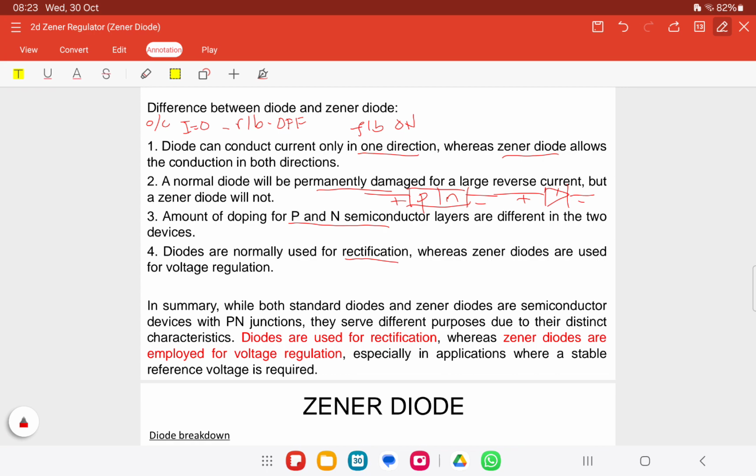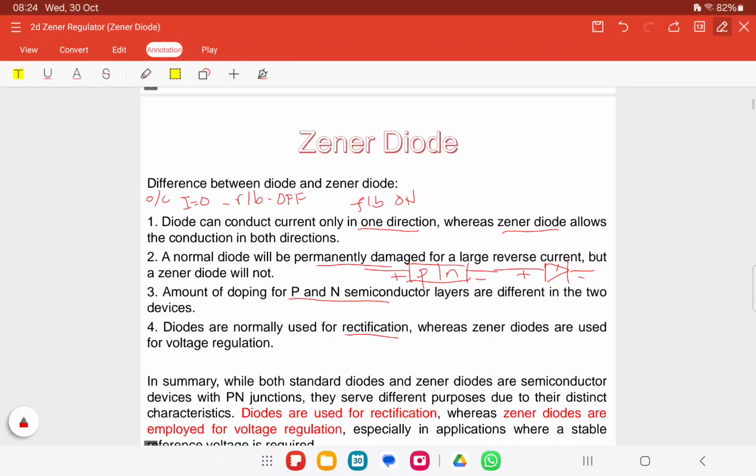So how many types do we have? Full wave and half wave. For half wave, how many diodes in the circuit? One diode. It will pass according to the cycle. For example, we have this AC signal, either positive only or negative only.